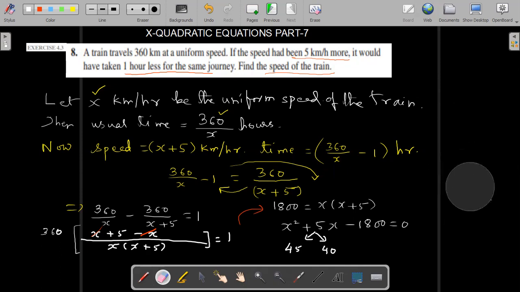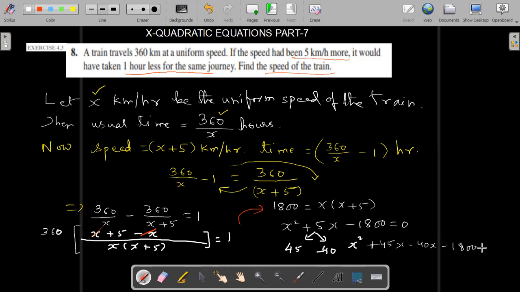Now we will have the factors. We can solve this. We get x square plus 45x minus 40x minus 1008.